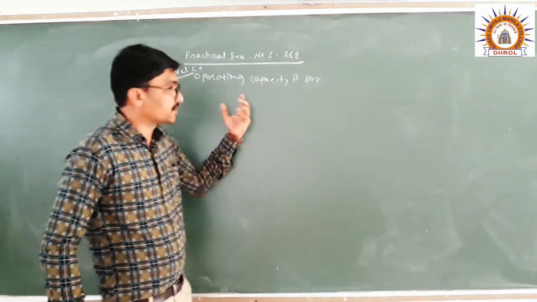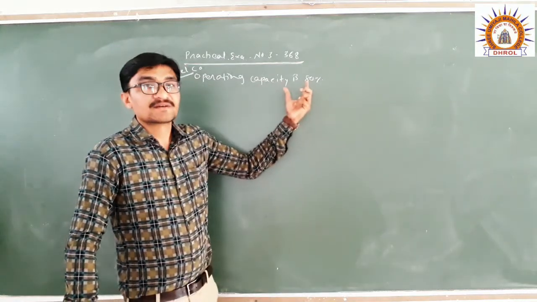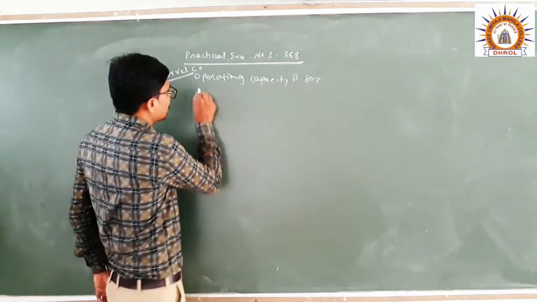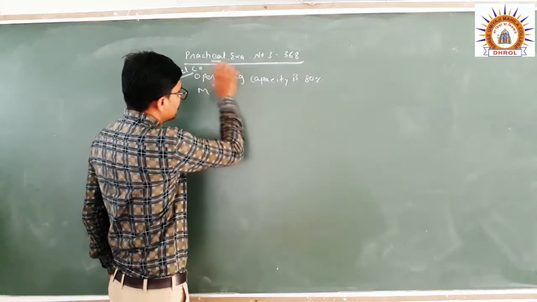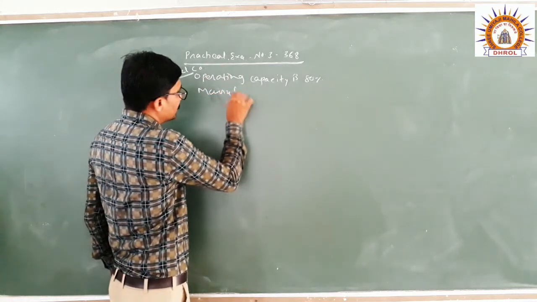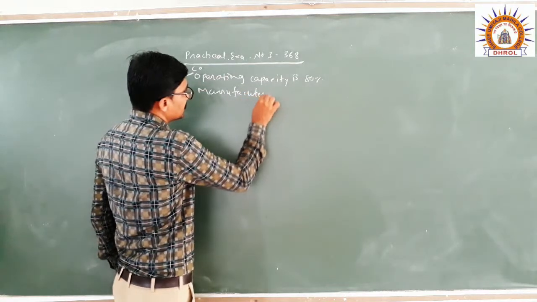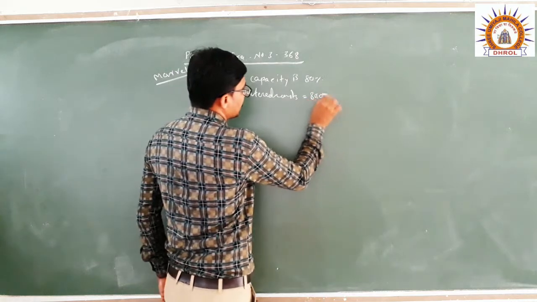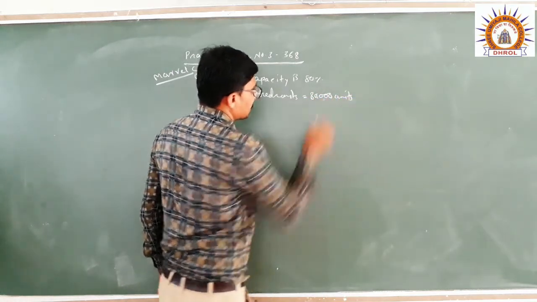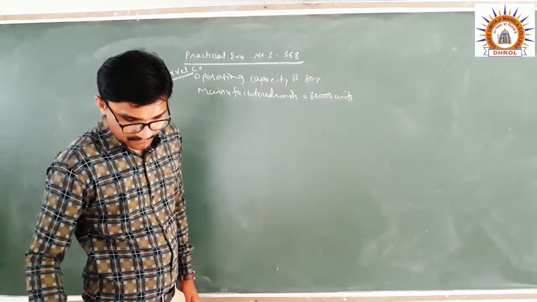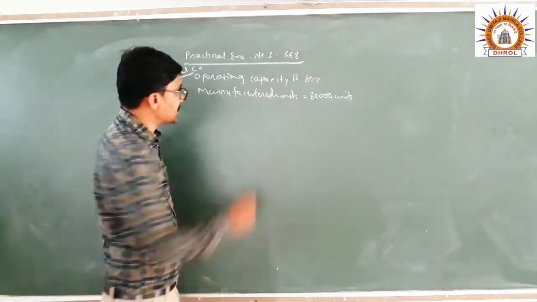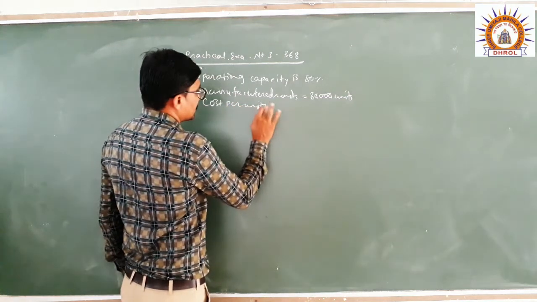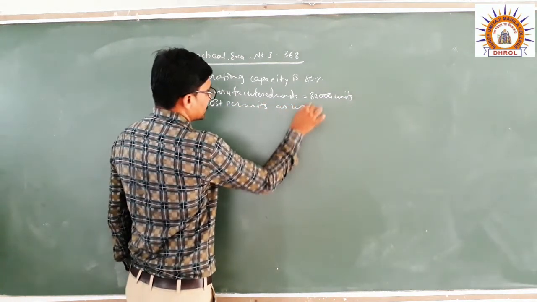The company is operating at 80% capacity at present. Then the manufactured units equal 80,000 units. Then the cost per unit is as under.